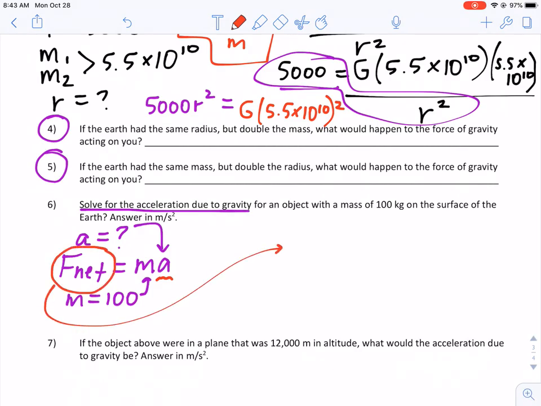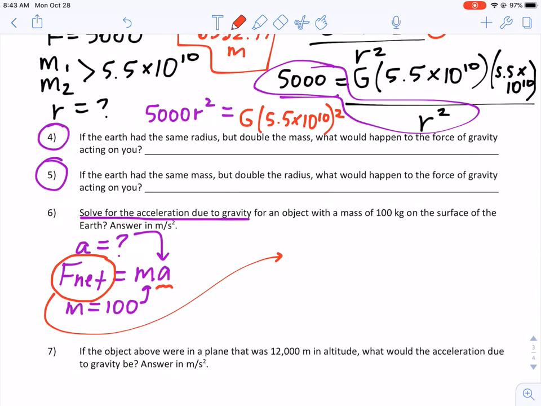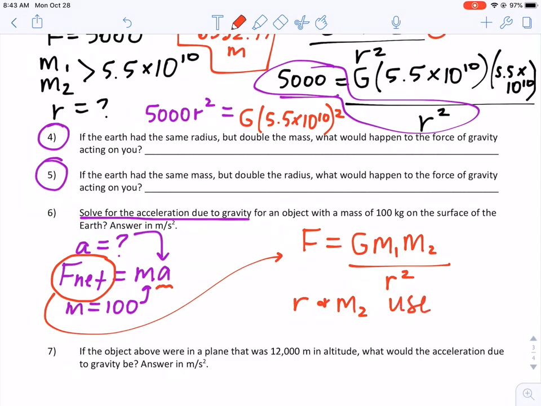To get F net here, I want you to use F equals G M1 M2 divided by R squared. Now, for these numbers, for the R and M2, use Earth numbers.